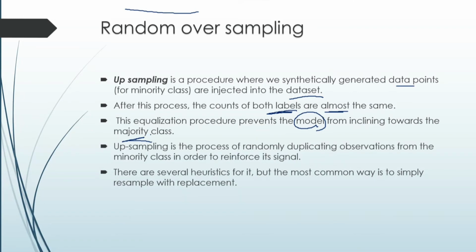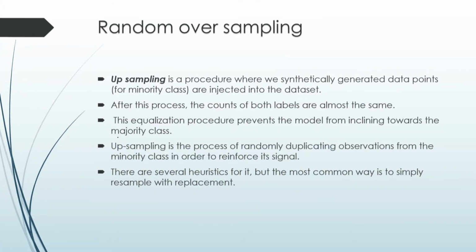So our model will be biased towards the majority class. But now, as we have generated data points randomly for the minority class, both have an equal number of observations. So our model will not be biased towards the majority class. Now both classes have the same number of observations.